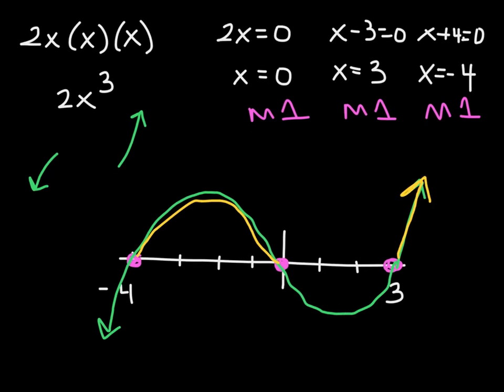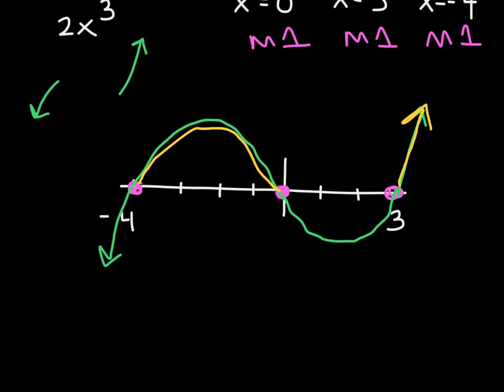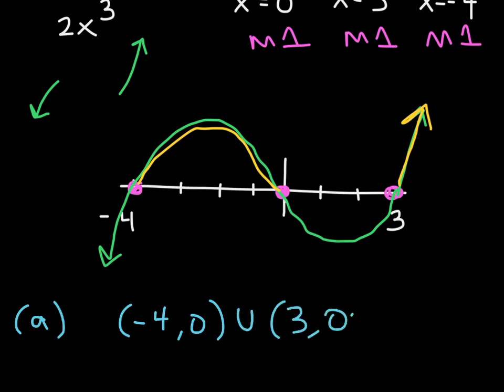So for part A, when is it strictly greater than 0? From -4 to 0, union from 3 to infinity. There are parentheses on these endpoints because the inequality was strict.